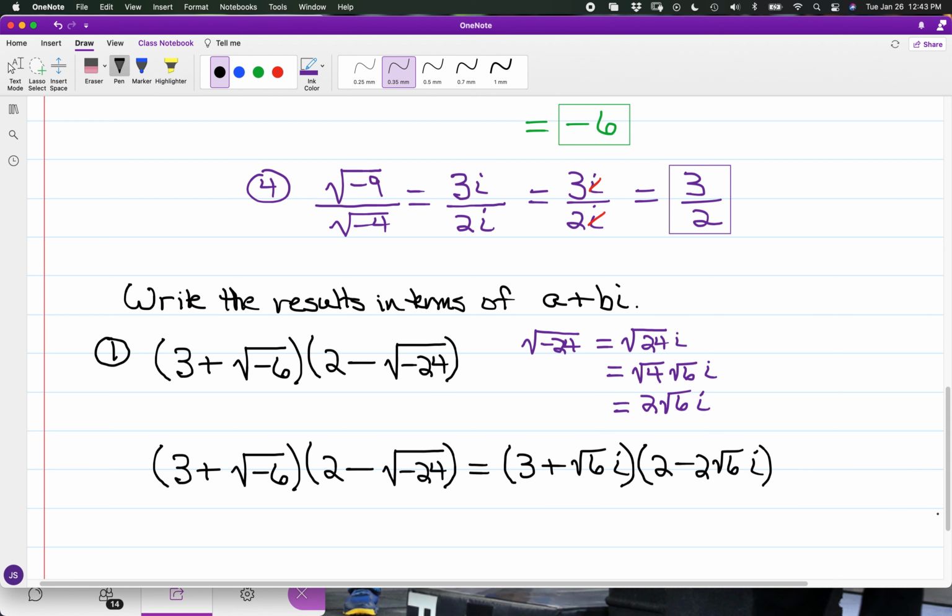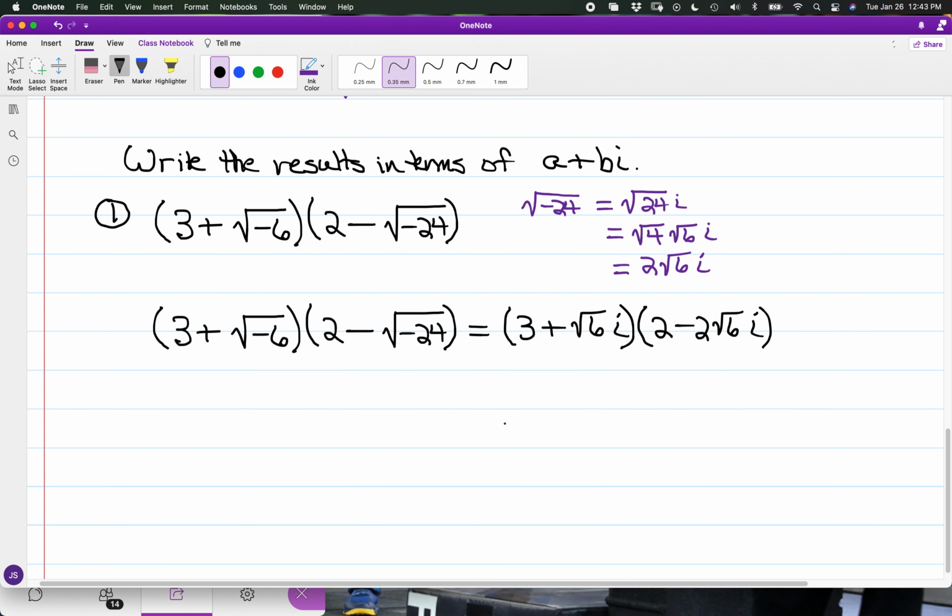If I take the FOIL, so you have 3 times 2 is 6. Outside product, we have 3 times -2, so you have -6 times the square root of 6 times i. And then for the inside product, you have the square root of 6i multiplied by 2, so I have 2 times the square root of 6i.